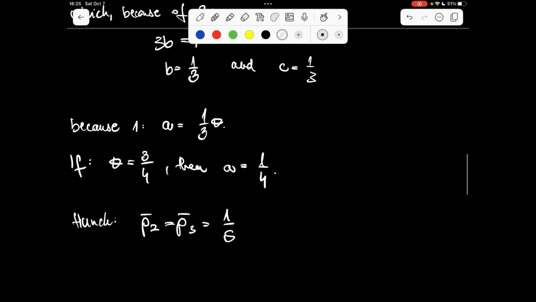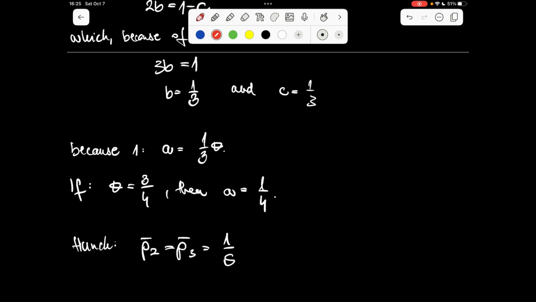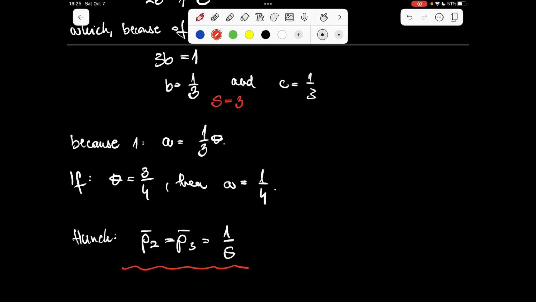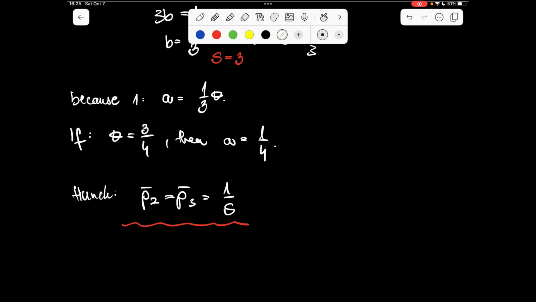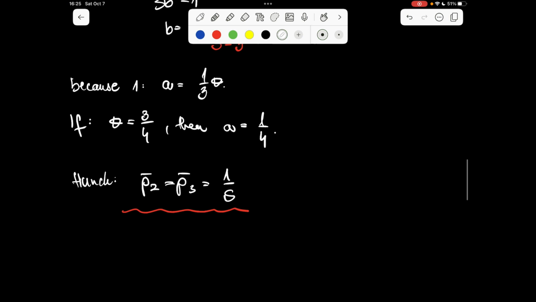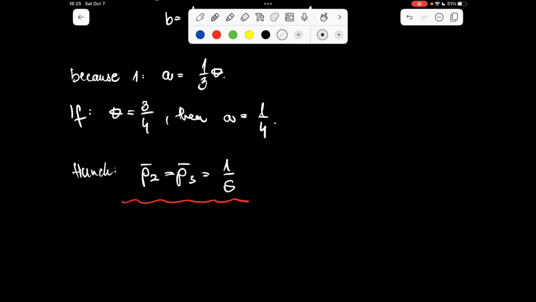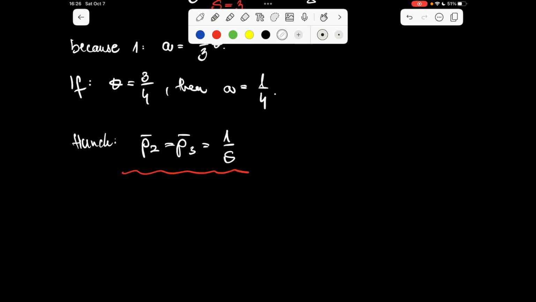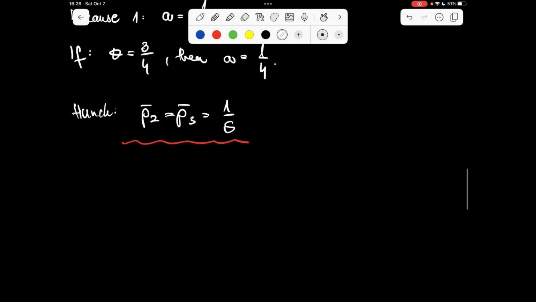So please remember, it's okay that b and c both are 1 over 3, but please remember that in our example s was 3, so it might be the case that these elements in the unique invariant distribution vector both are 1 over s. So the results are dependent on the dimensions of the Markov matrix. So let's try to generalize.